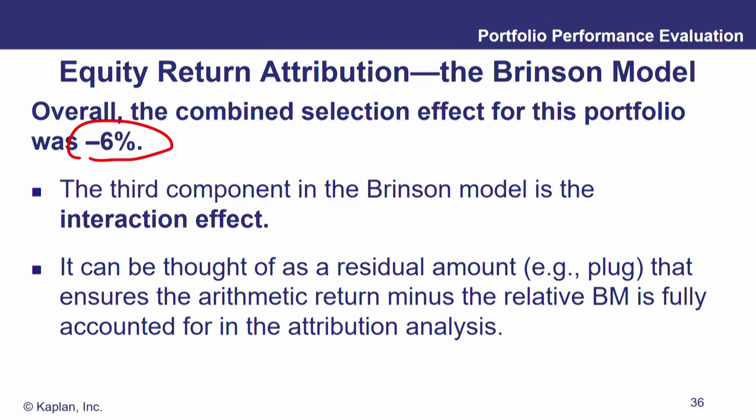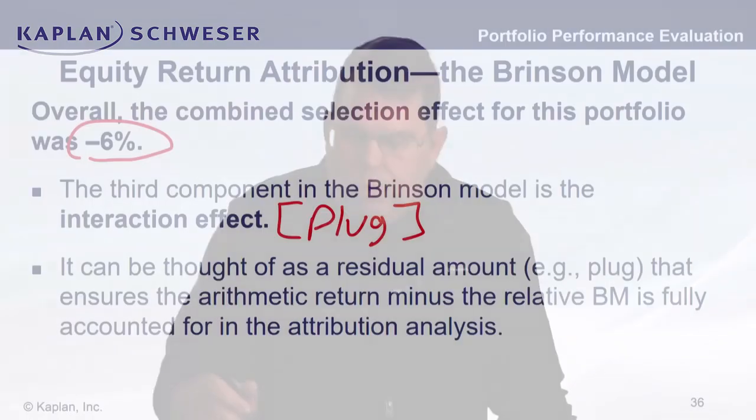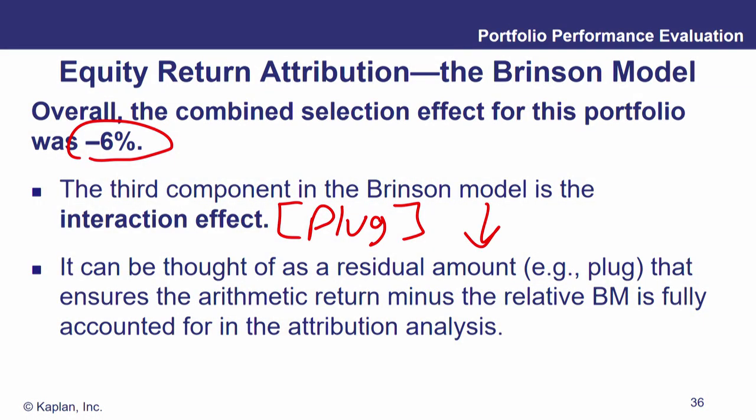Okay, so now we need to dig into the third component, which is the interaction effect. I want you to think of this as the plug. This makes sure that the arithmetic return minus the benchmark is fully accounted for in the attribution analysis. Whenever you have a plug variable, I'm hoping it is very small.